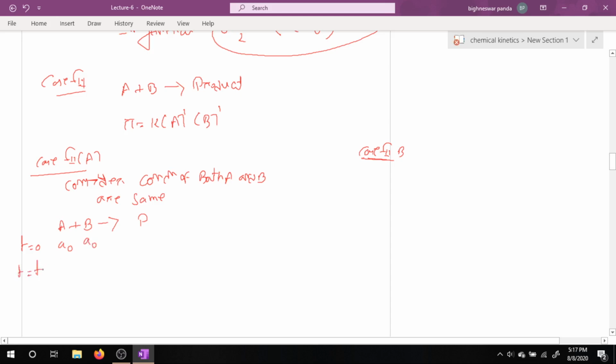When time t is equal to t, A is A naught minus x, and B is also A naught minus x. Why x and x? Since it is a reaction with 1:1 stoichiometric coefficients. So for this reaction, I have R equal to minus dA by dt, equal to minus dB by dt, equal to dx by dt.